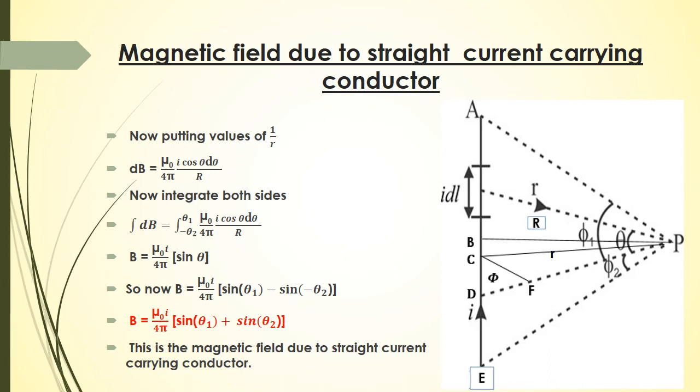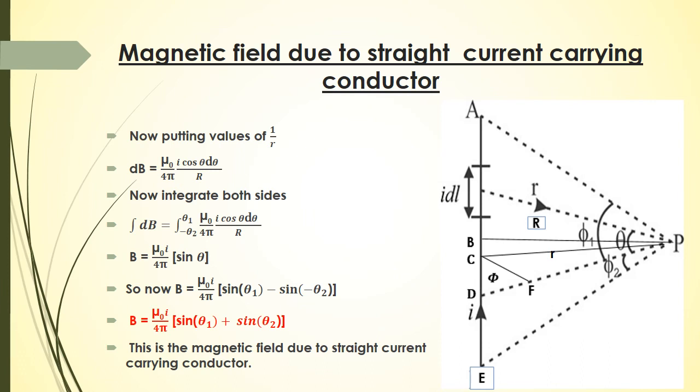So all known quantities R, theta and I are in the formula. Theta has limits from theta 1 to theta 2. If these values change, then the values of magnetic field also change. So this is a very versatile derivation. Sometimes it cannot be asked directly, but it has many applications.